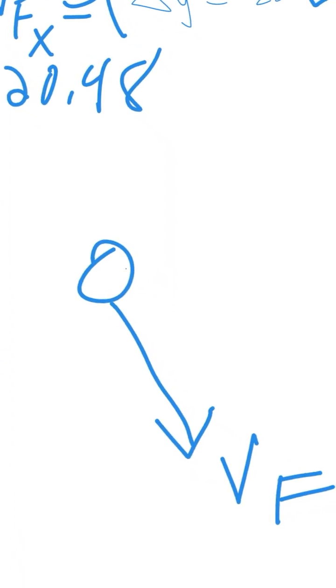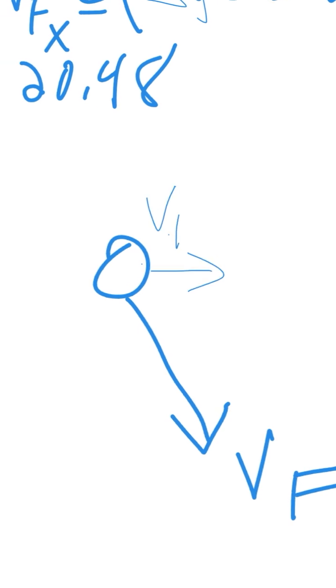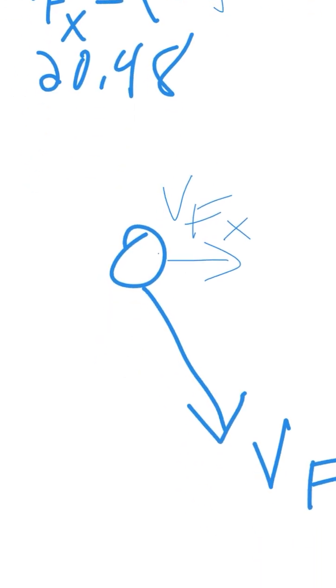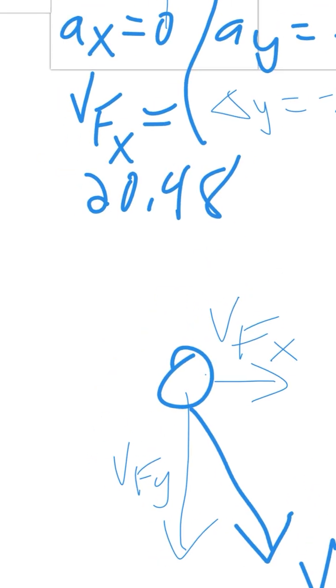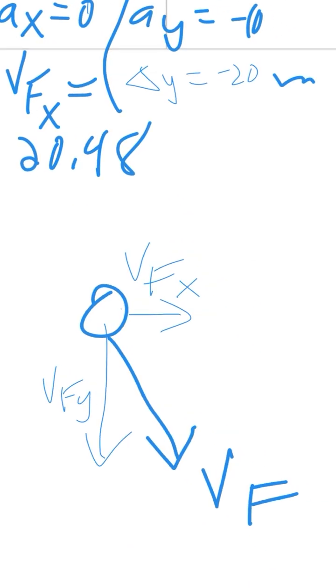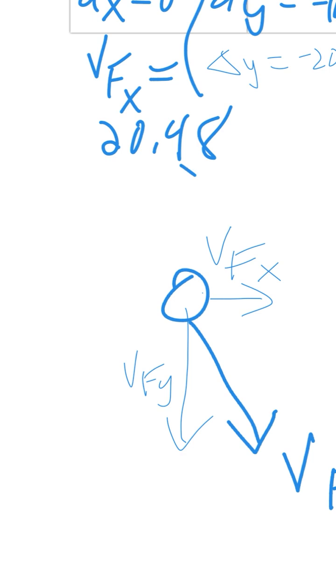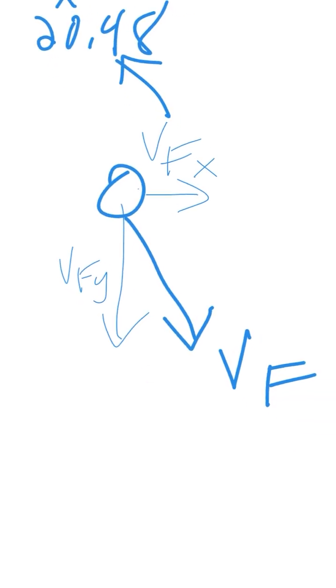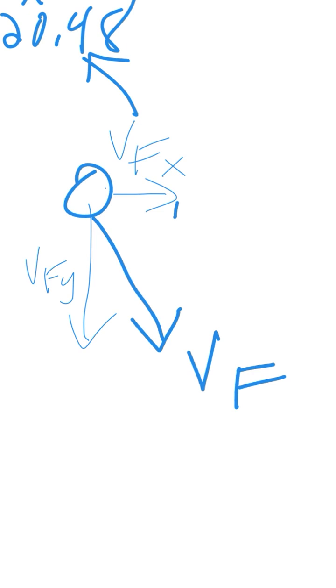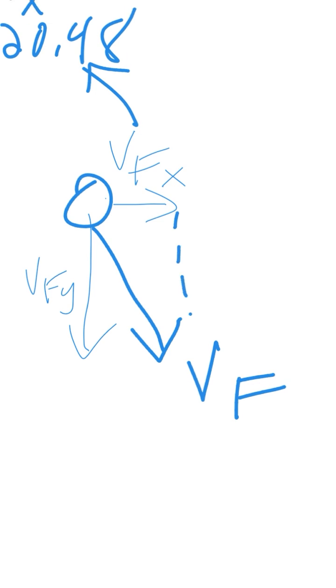So I have to find VFX and VFY. Well, I have VFX already. It's right there. It's 20.48. VFY I have to solve. Then I'll use Pythagorean theorem to find the VF.